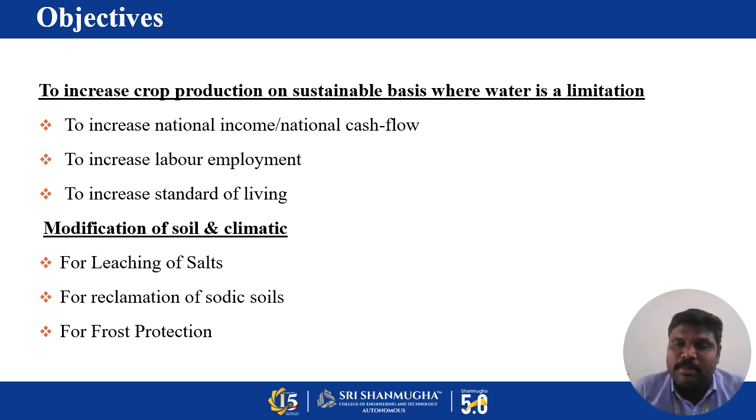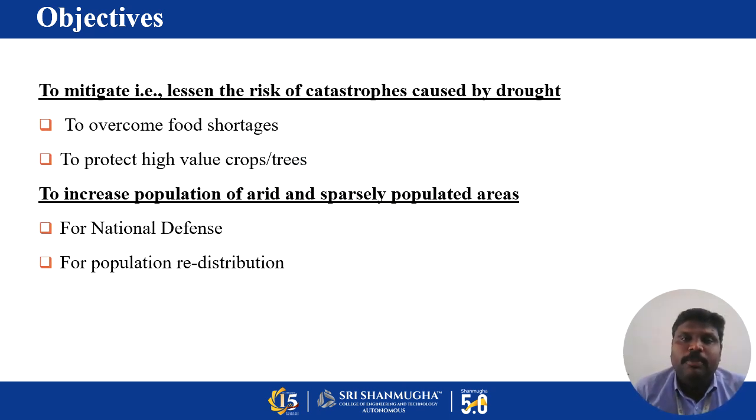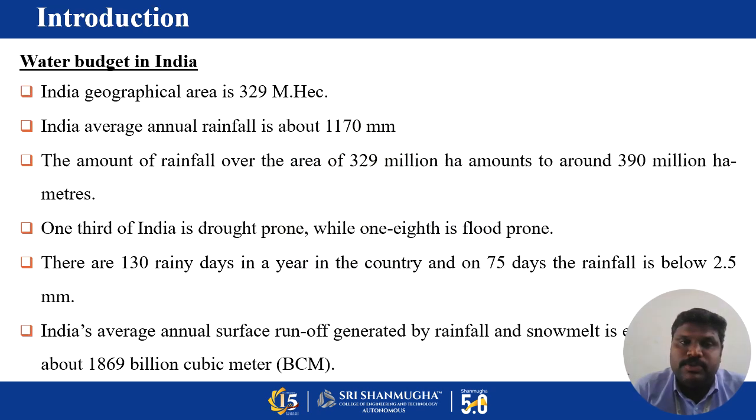Water management as well as irrigation also modify soil and climate, for leaching of salt, reclamation of sodic soils, and frost protection. They lessen the risk of catastrophes caused by drought, overcome food shortages, protect high value crops or trees, and increase populations of arid and sparsely populated areas for defense and population redistribution.